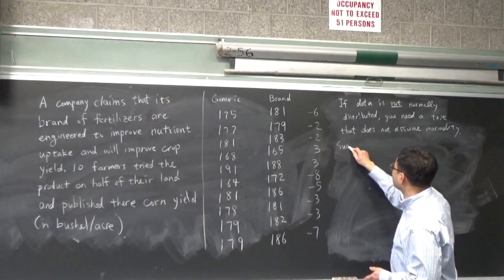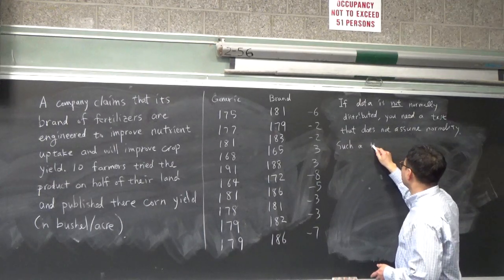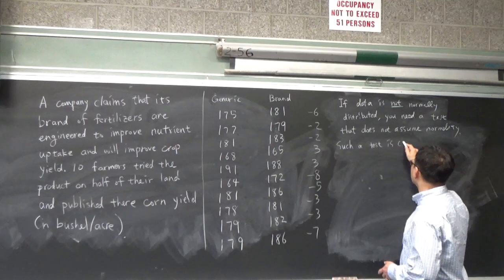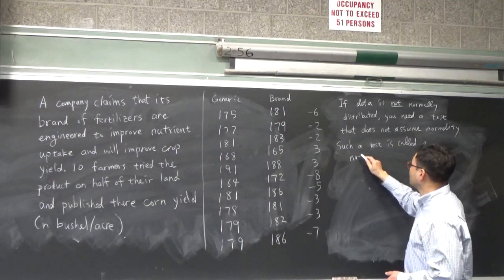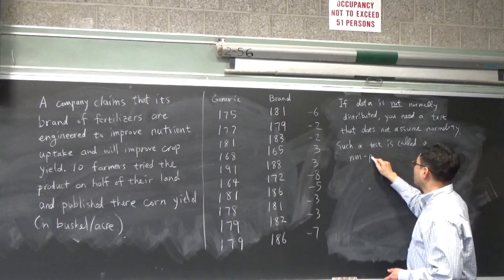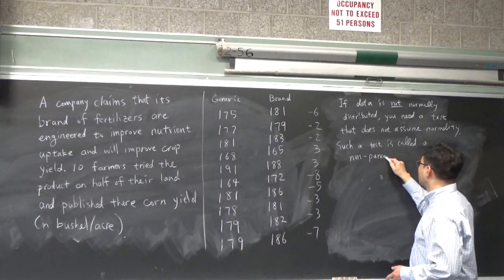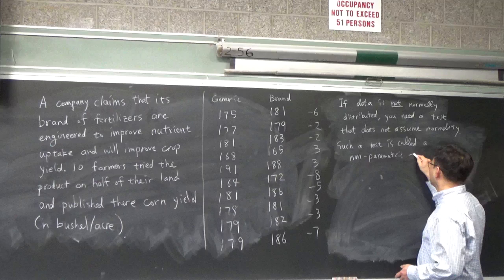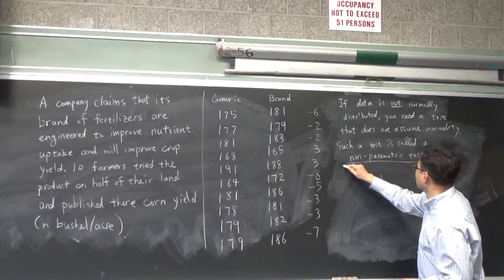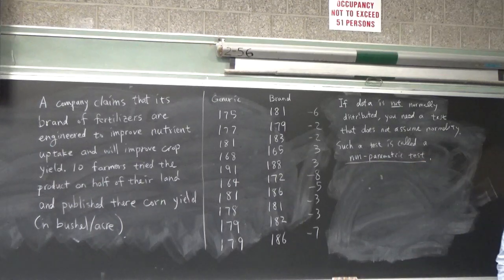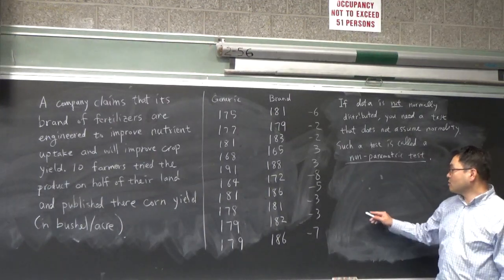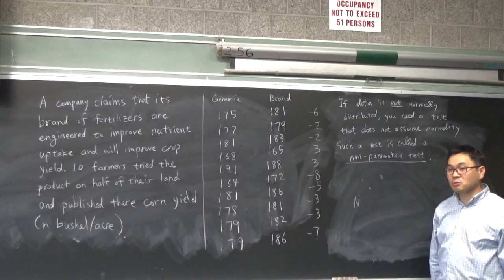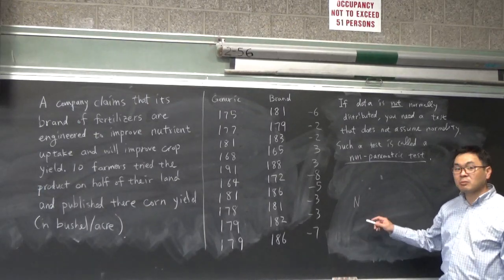Such a test is called a non-parametric test. The t-test is assumed to be a parametric test because, for example, a normal distribution has how many parameters?